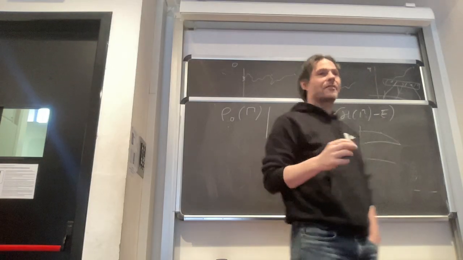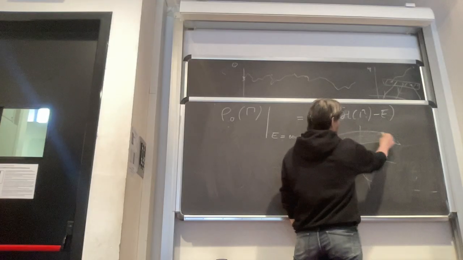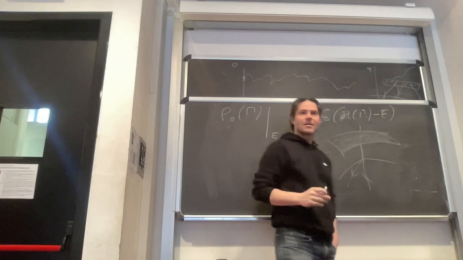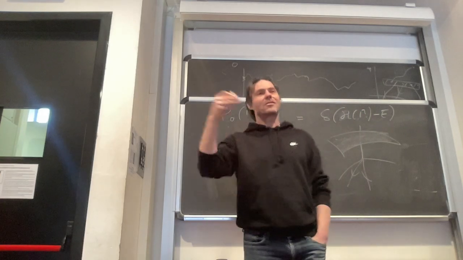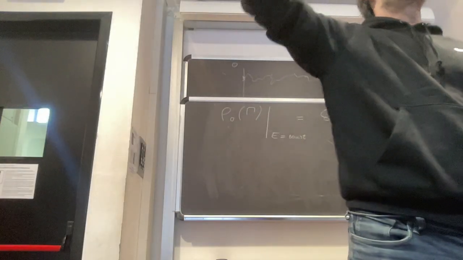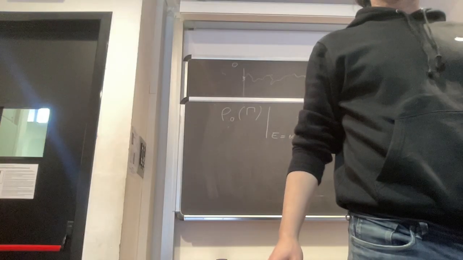If I wait long enough, my system will uniformly distribute on this, which is called the ergodic surface. Remember that? So the system will travel at constant energy and eventually populate all the states of fixed energy with equal probability in the long time limit. Okay?